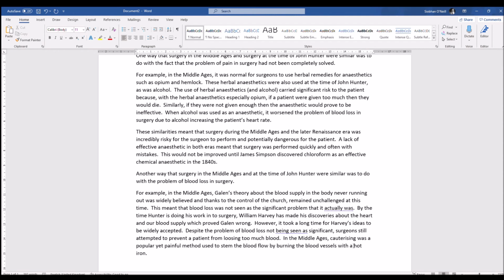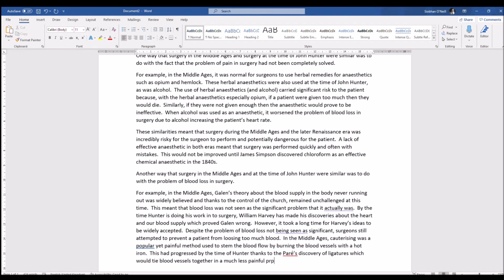This had progressed by the time of Hunter, thanks to Pare's discovery of ligatures, which would tie blood vessels together in a much less painful procedure.